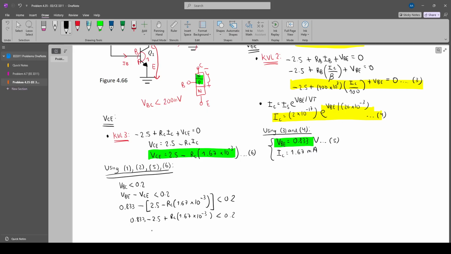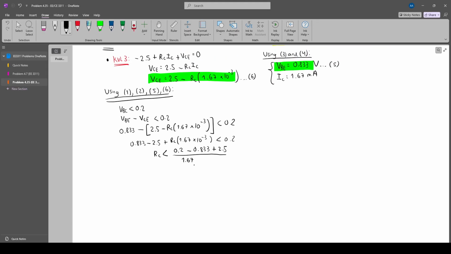And we have that RC has to be less than 0.2 minus 0.833 plus 2.5, all over 1.67 times 10 to the power of minus 3. Okay, so we keep solving this, and we have that RC has to be less than 1117.96 ohms.